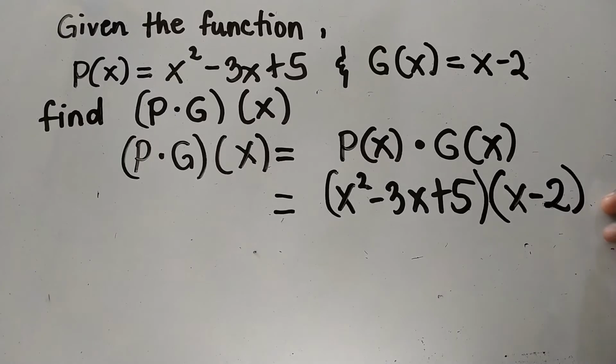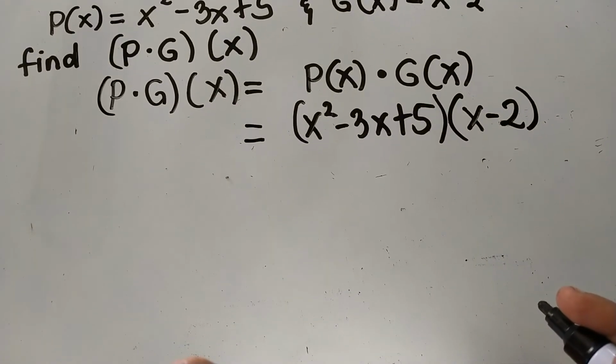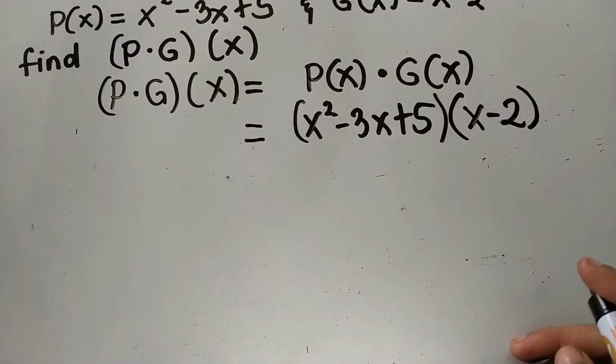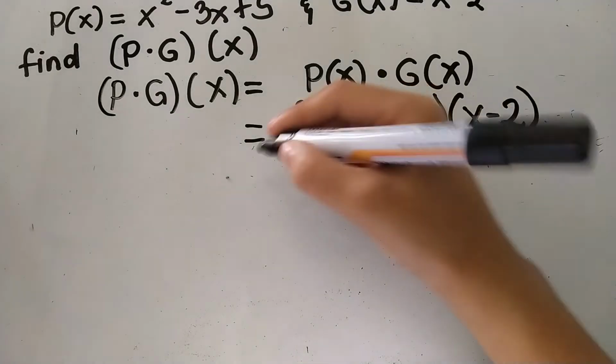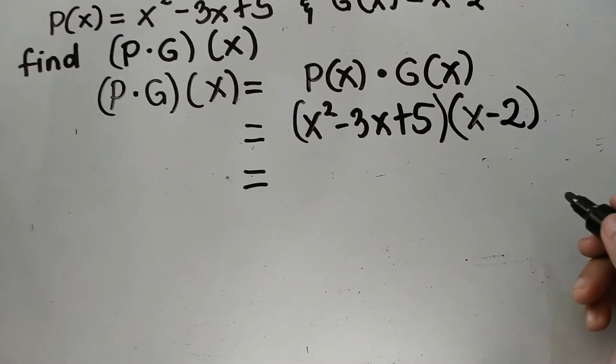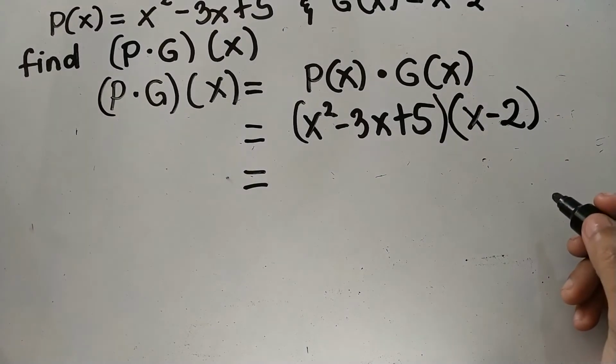Kayo bahala kung anong strategy ang ginagawa nyo sa pagsosolve ng mga polynomial, multiplying polynomials. Kayo bahala kung gusto nyo vertical method, kung gusto nyo horizontal method, or kung ano pang method ang alam ninyo. So, this will be a horizontal one.